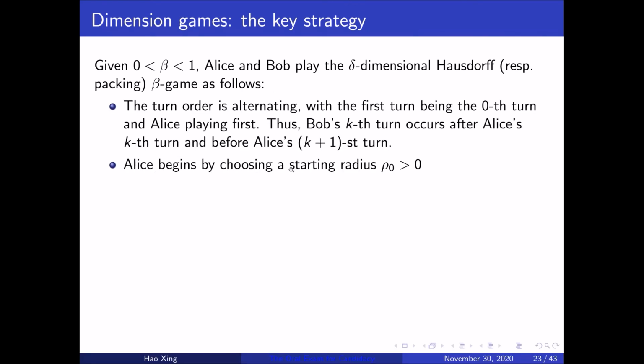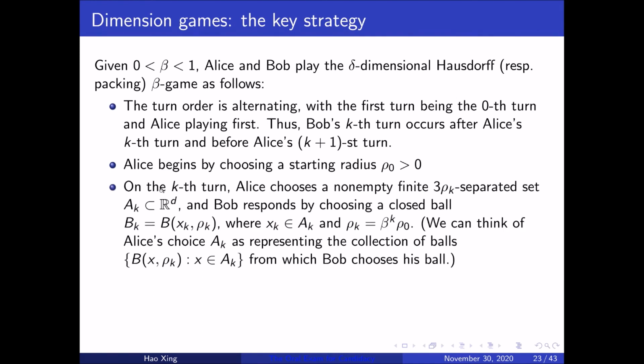Alice begins by choosing a starting radius denoted by rho naught. During the kth turn, Alice chooses a non-empty finite beta rho k separated set.